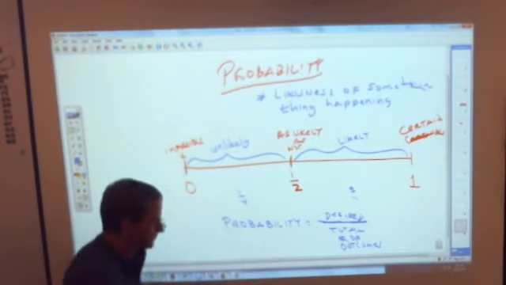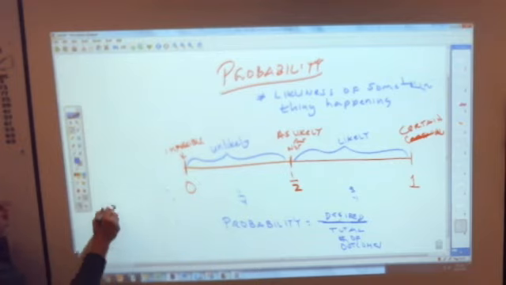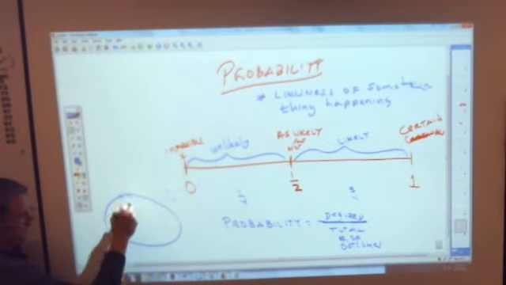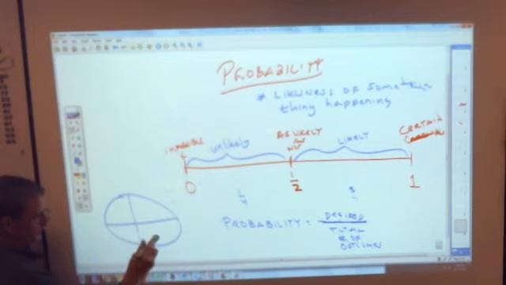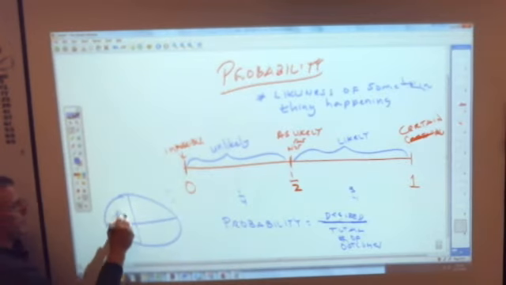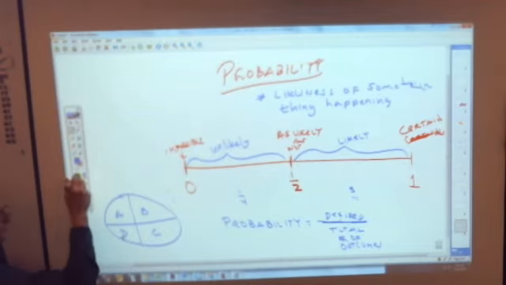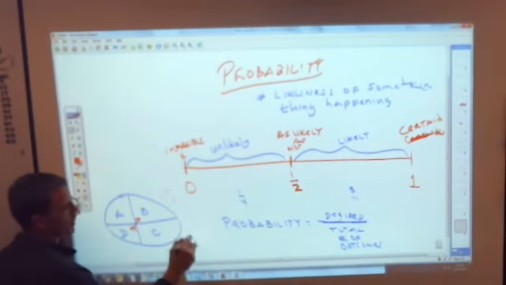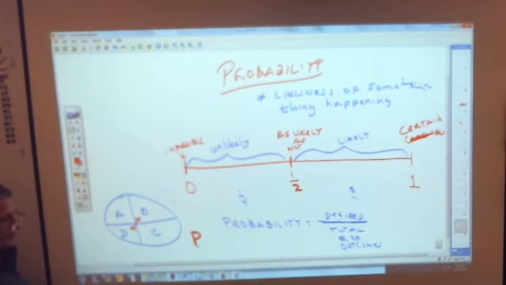So, for example, let's say you have a spinner. My spinner is cut into 4 pieces. This is A, B, C, and D. In math we use the letter P, big capital P, to stand for probability, so we don't have to write it out.